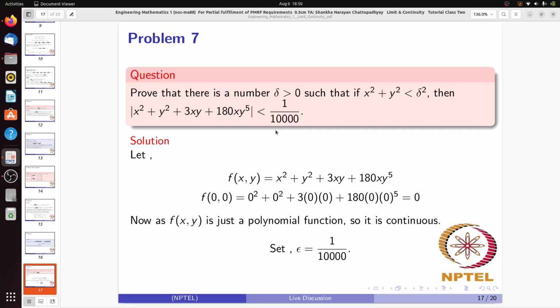There is a number delta greater than 0 such that if x square plus y square is less than delta square, then this absolute value is less than 1 by 10,000.